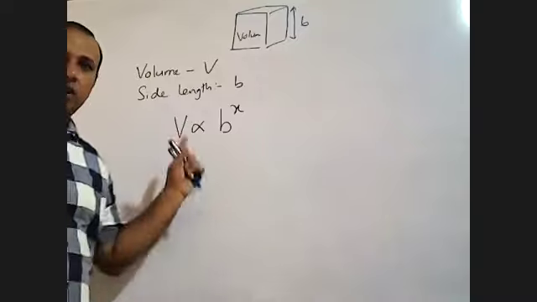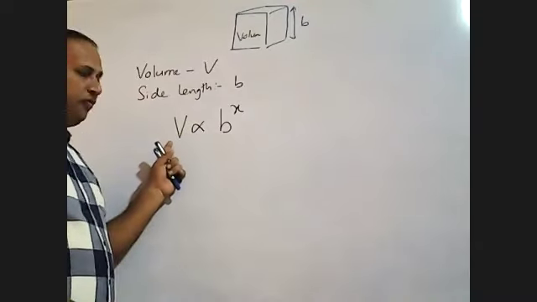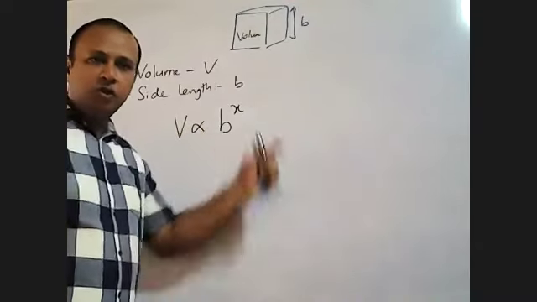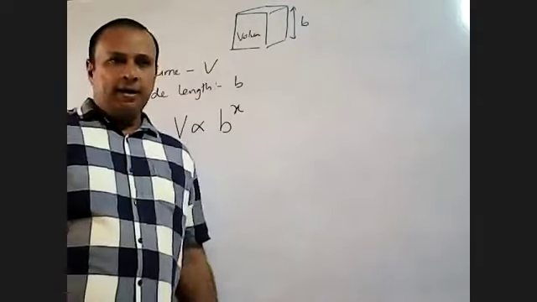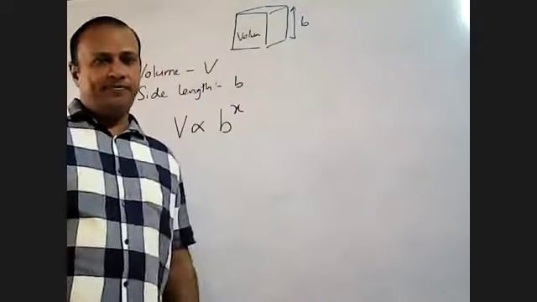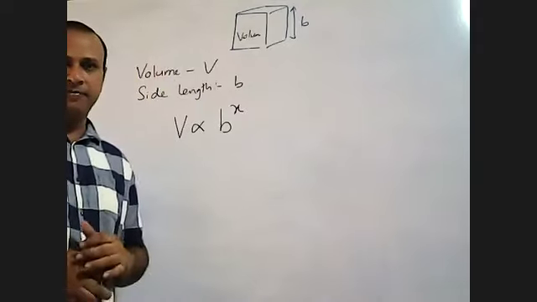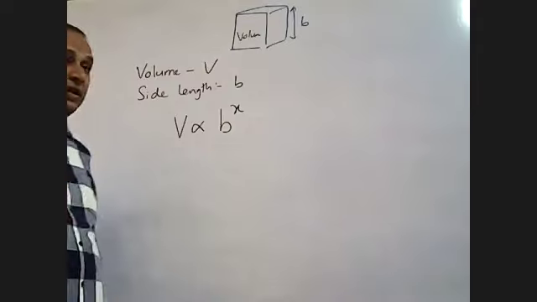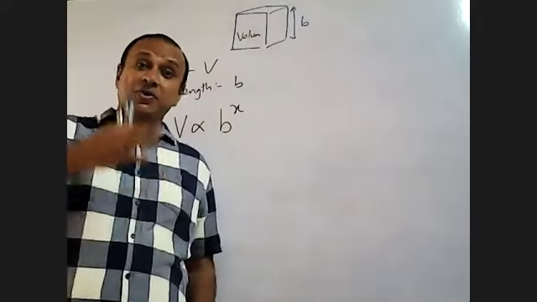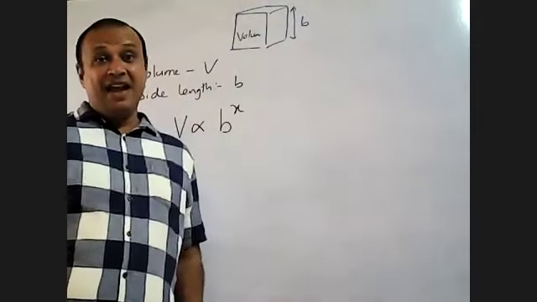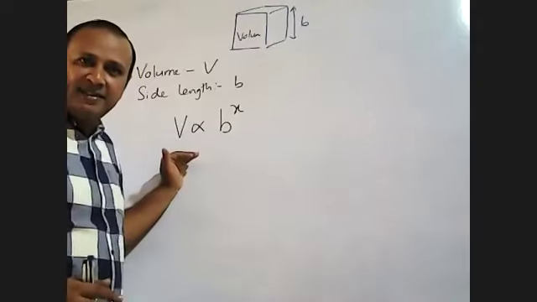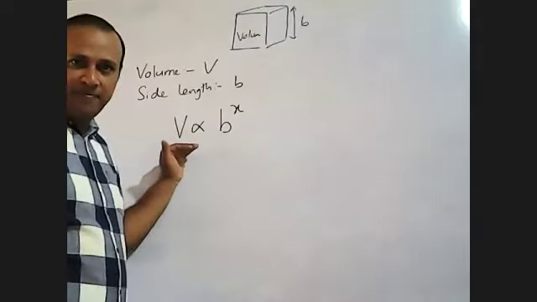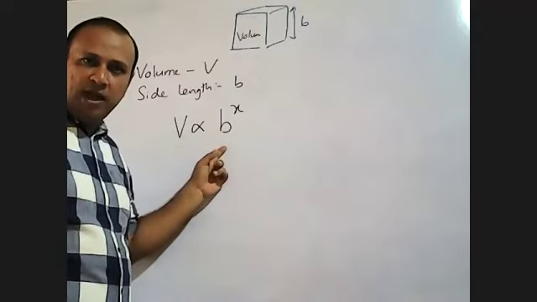Now, first you have to assume V is directly proportional to B to the power x. x can be any real number. Now you have to find x. How to find x? You cannot find x with this format. This is a relationship format.